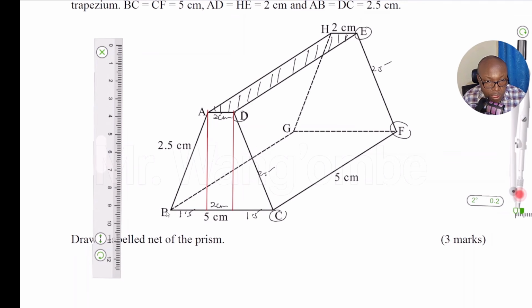Now the whole distance from B to C will be 5 centimeters: 1.5 plus 2 plus 1.5. So now having these, we'll be able to construct that trapezium. And this is how we're going to do it. We're going to use a pair of compasses to work out these. Let me go to the sketch.